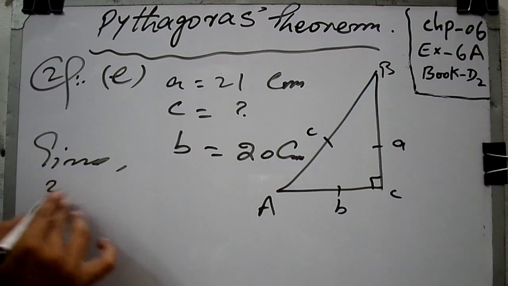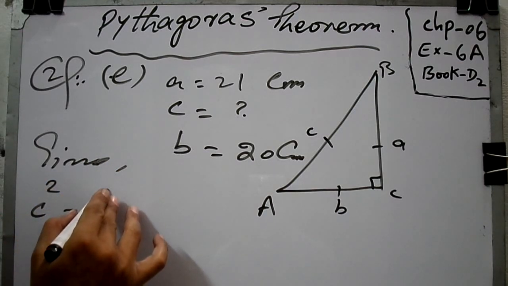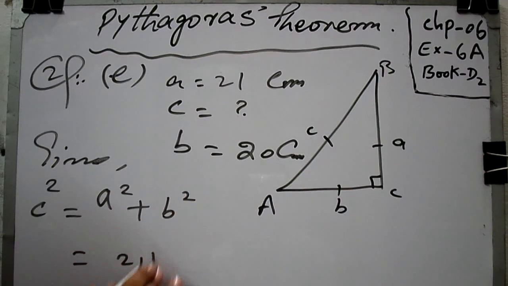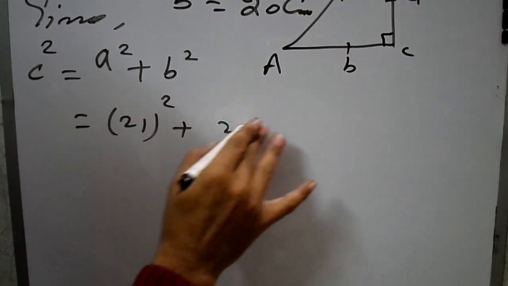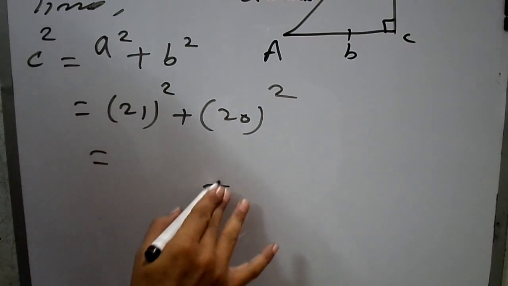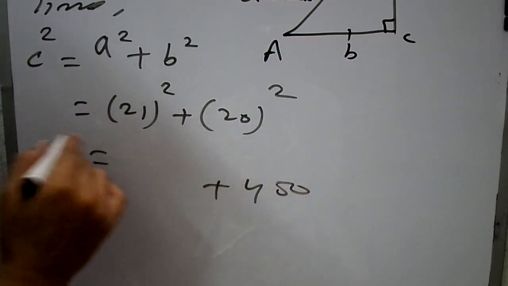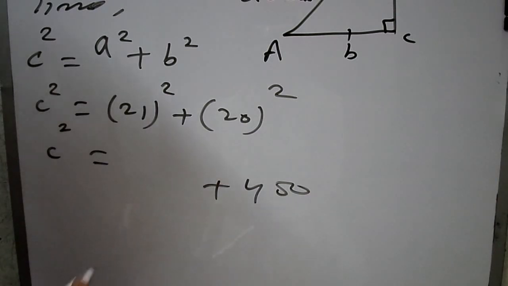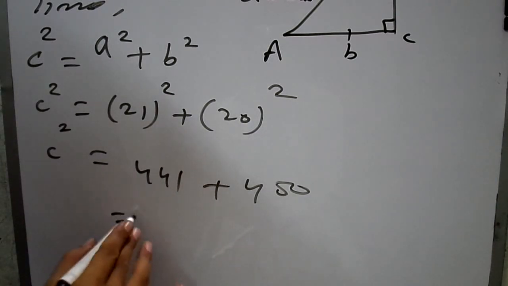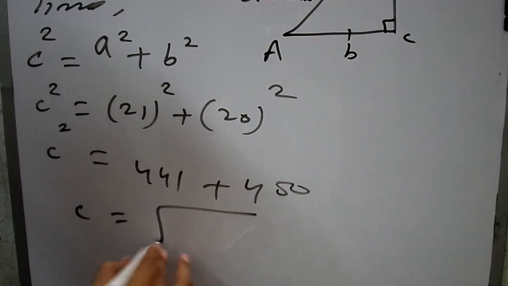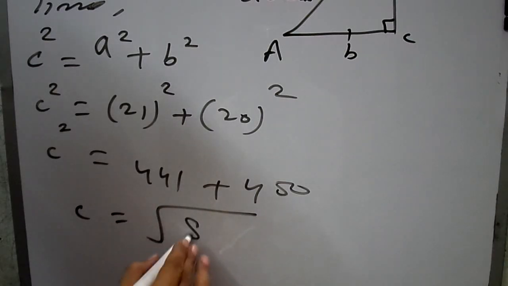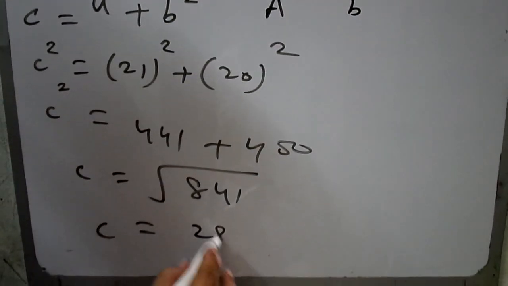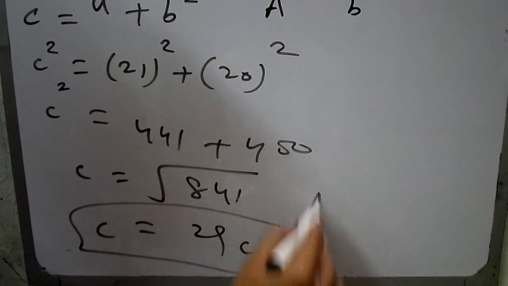Since by Pythagoras theorem, C square is equal to A square plus B square, putting the values, 21 square plus 20 square, so you will get 400 plus 441, so under root, that is equal to 841. So the value of C is 29 centimeters. So is your required result.